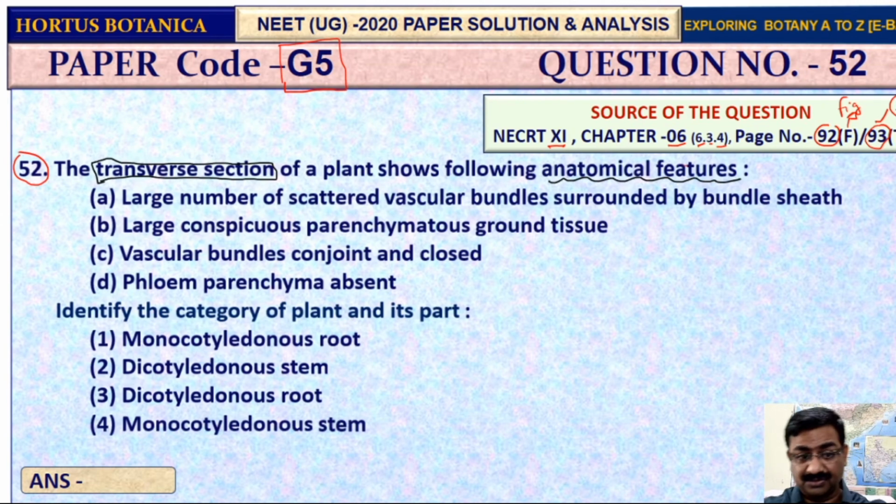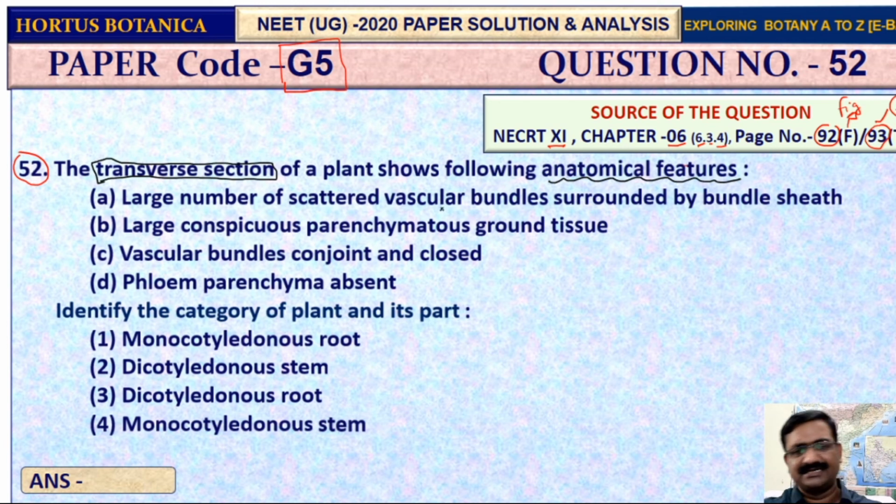Now, the theme of the question: you have to identify these 4 important characters, A to D, and on the basis of these anatomical features we have to categorize. First you have to decide whether it is root or stem, and later also distinguish whether it is dicot or monocot, either of root or stem.